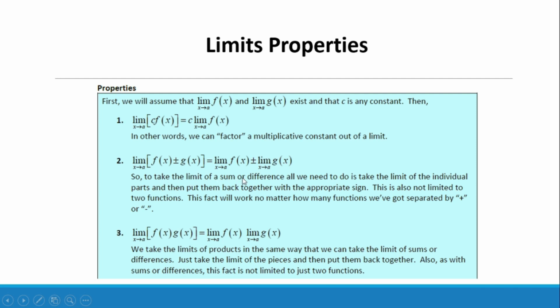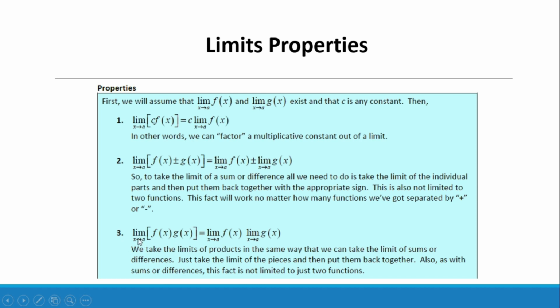So to take the limit of a sum or difference, all we need to do is take the limit of the individual parts and then put them back together with the appropriate sign. This is also not limited to two functions. This fact will work no matter how many functions we've got separated by a plus sign or a negative sign.